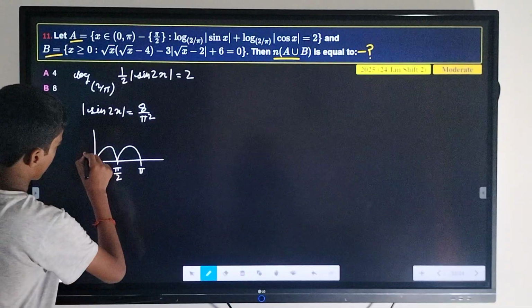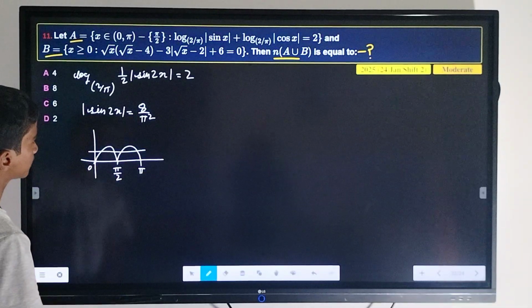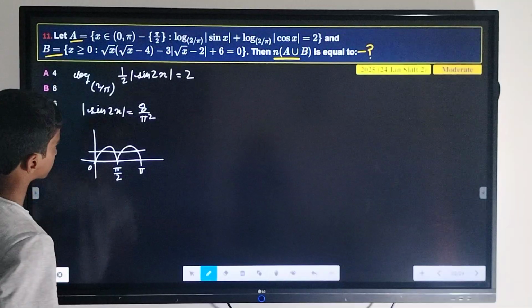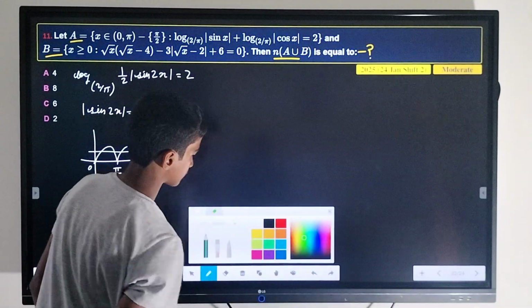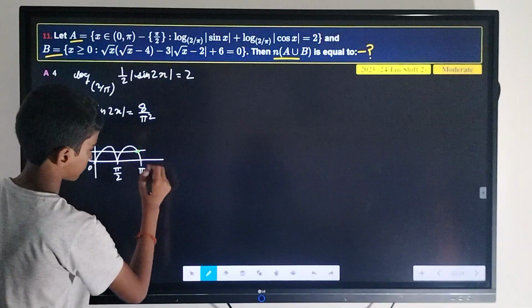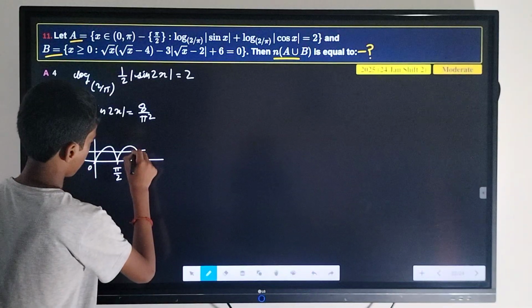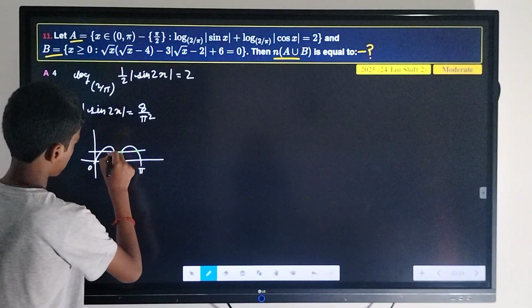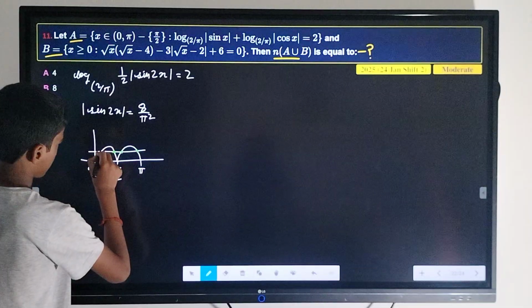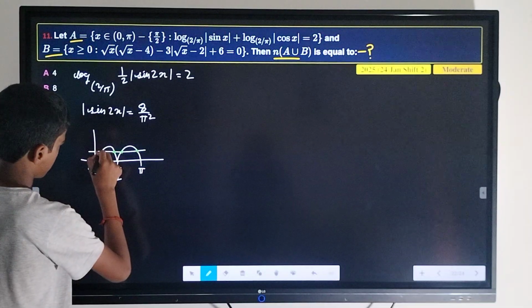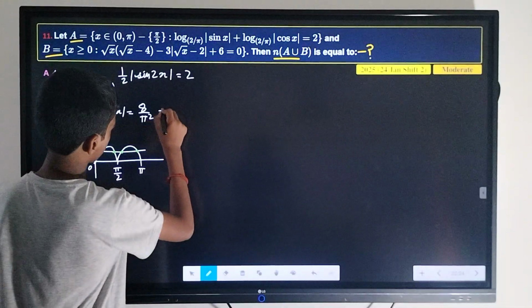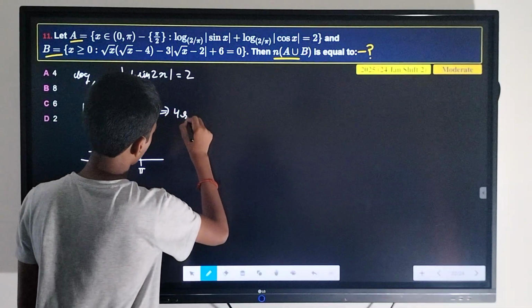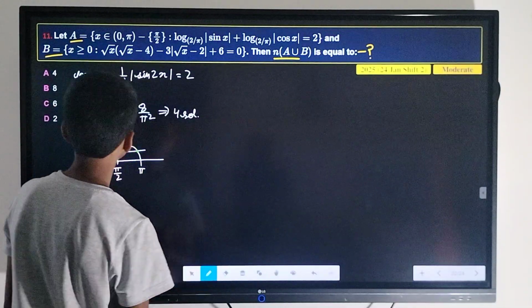This would be aligned with this. This is our 8 upon pi square. Then from here we can see that we have 1, 2, 3 and 4 solutions. So from this equation we have 4 solutions.